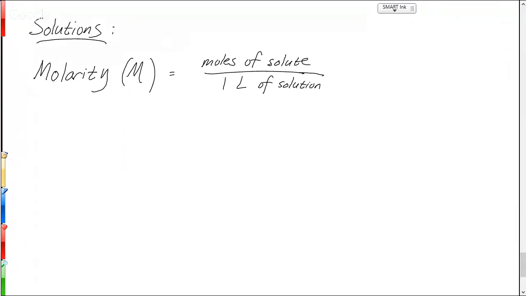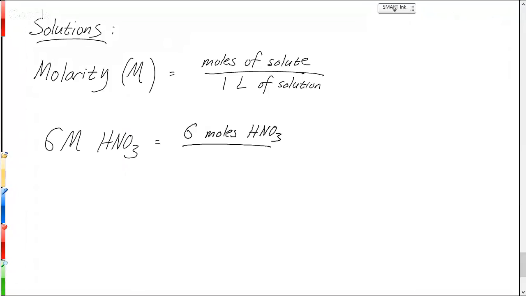So like yesterday in lab, we used a 6 molar solution of nitric acid. A 6 molar solution of nitric acid means that there are 6 moles of HNO3 per every 1 liter of solution.